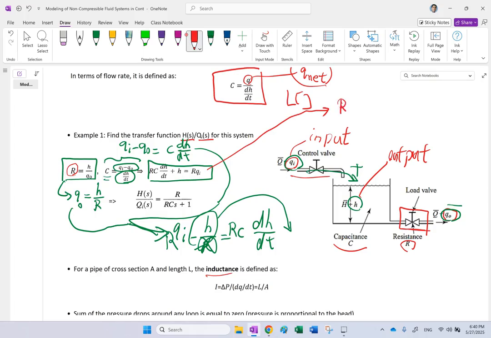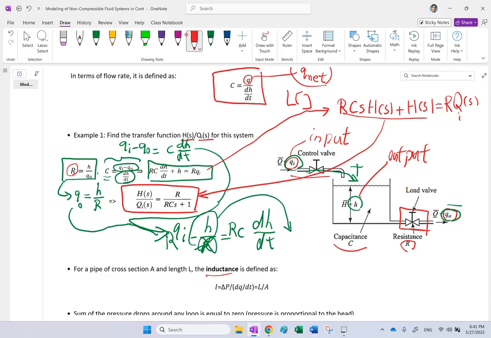That becomes R times C times s, H of s, plus H of s equals R times Qi of s. Here you can factor the H out, so it's going to be 1 plus RCs, and this is going to be your transfer function.